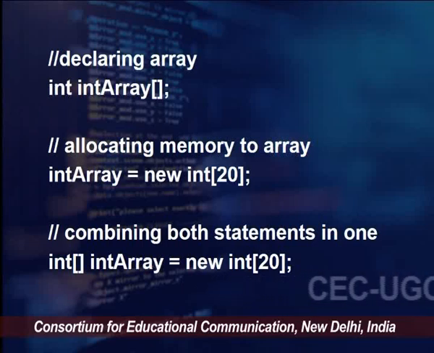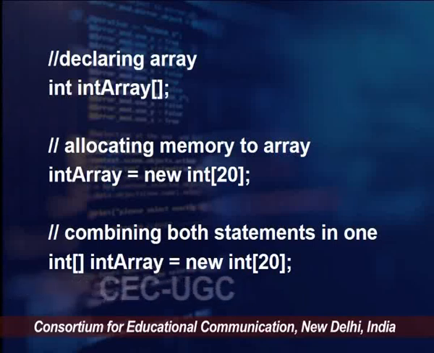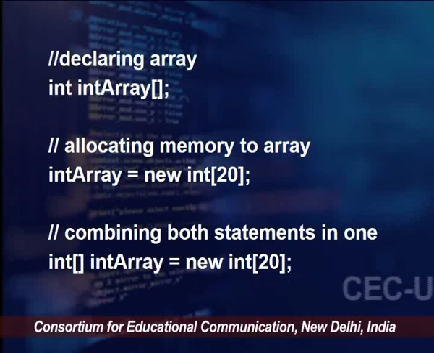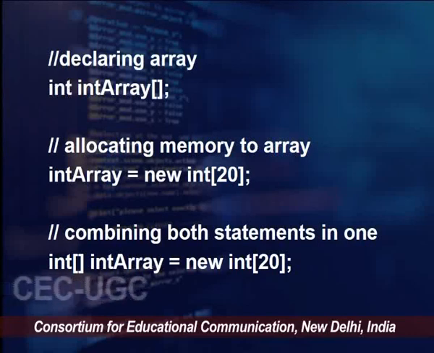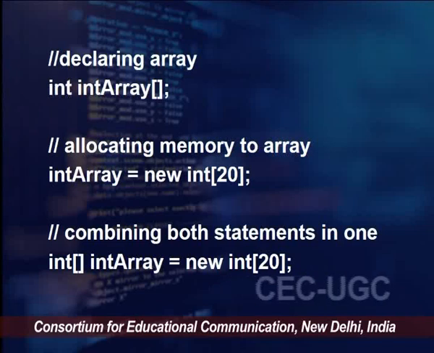So, the square bracket followed by integer array, and then int array is equal to new int 20. So, in the first statement, when I am saying int array, that means I am just declaring the array, just a reference has been created. A physical array does not exist till this point.